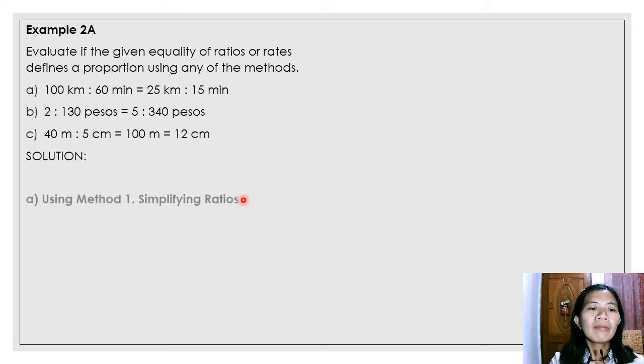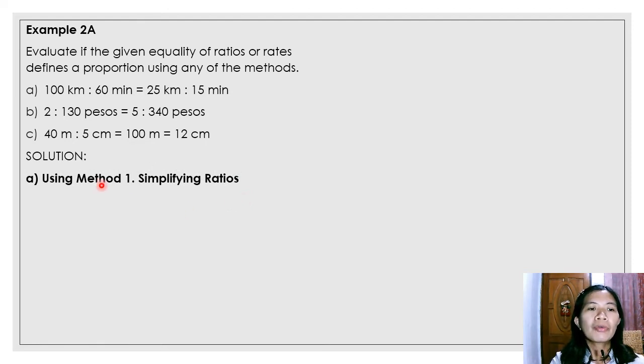So let's have letter A. For letter A, we will use simplifying ratios. We have 100 kilometers is to 60 minutes equal to 25 kilometers is to 15 minutes.